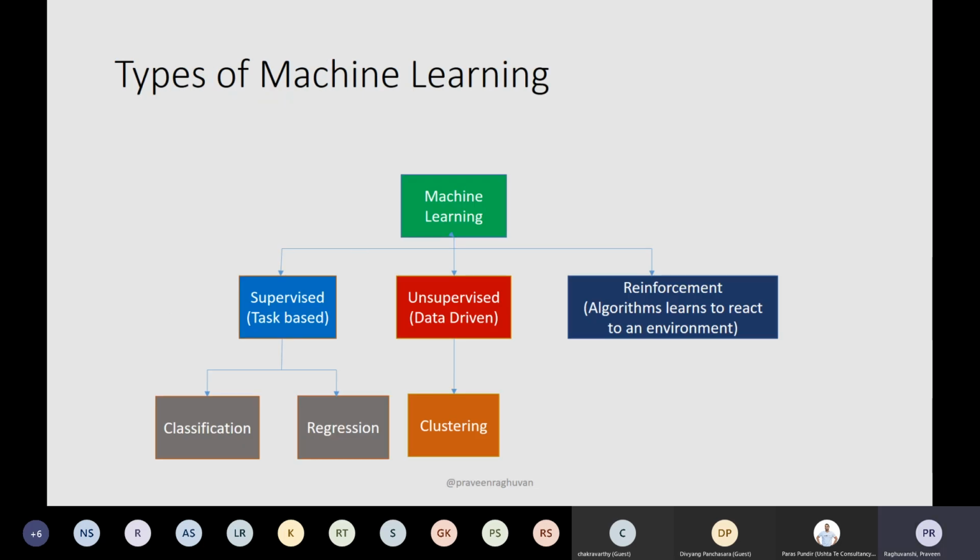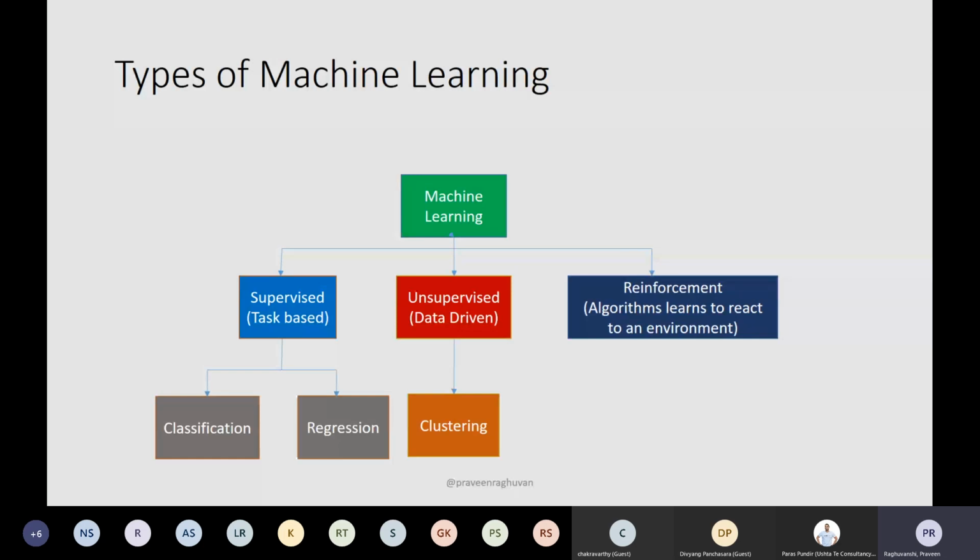Then there are different types of machine learning. For example, you have supervised and unsupervised. In supervised, what does it mean? You feed in the input and you know the output in advance. For example, I'm feeding an image of a fish, and I know that it's a fish, so I label that one. The concept being used here is labeling.